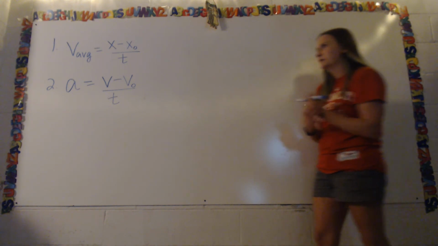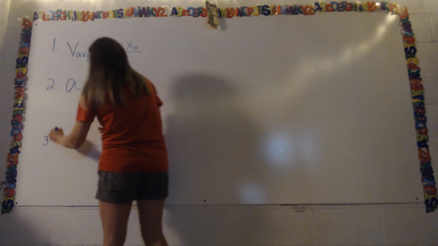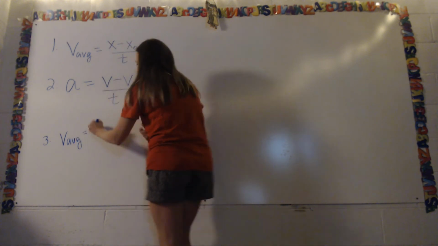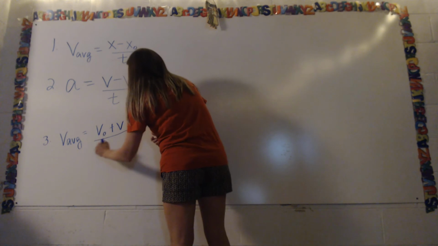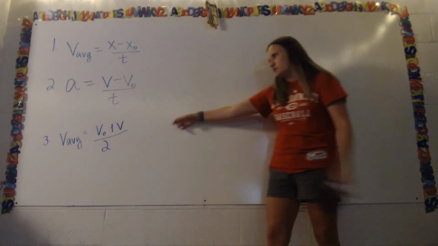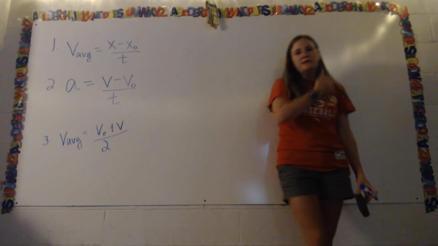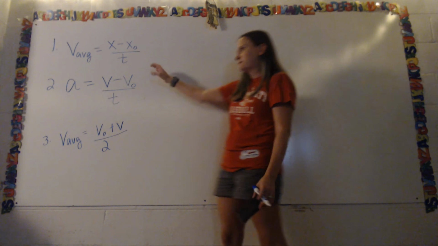They should look familiar. The third definition is really just more a math-based statement. And it says that the average velocity is equal to the initial velocity plus the final velocity divided by 2. And this is true, so this is a way to find that average. This is true because the velocity is changing at a constant rate, because we have a constant acceleration.